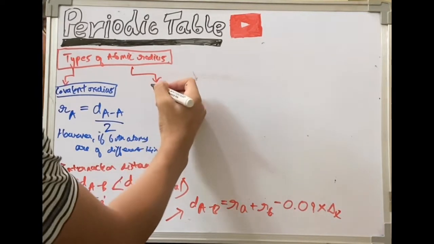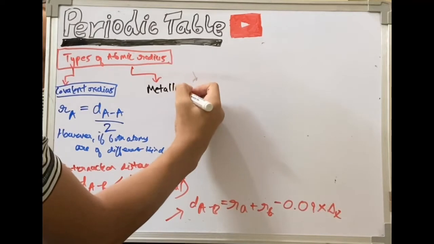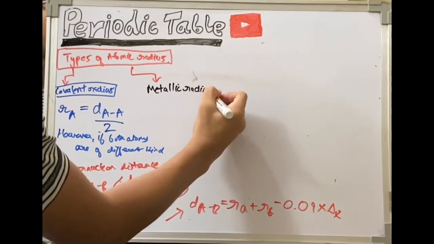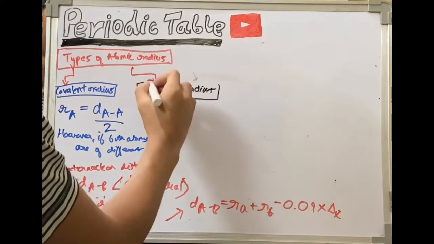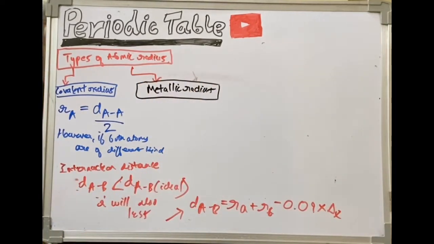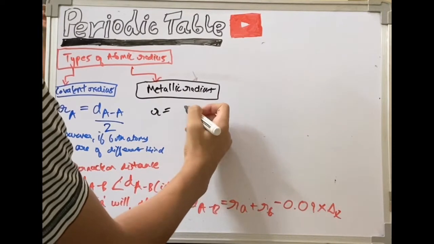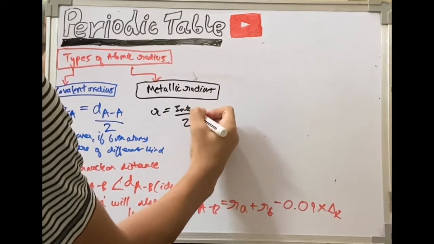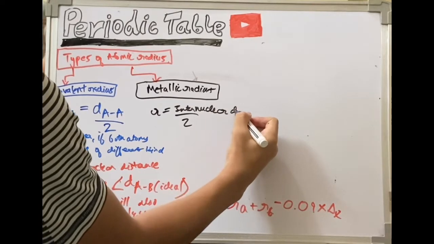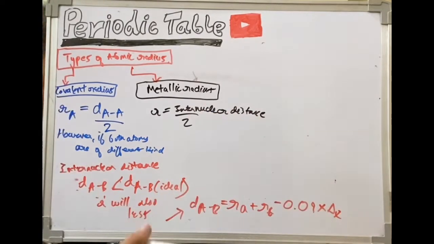Now we come to the second one, metallic radius. Okay, this is the radius which is formed between metallic atoms, and these are assumed to be closely packed spheres in the metallic crystal. So you have to just remember one thing, that the radius will be half of the internuclear distance between the atoms, okay?